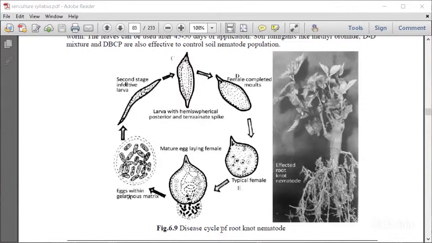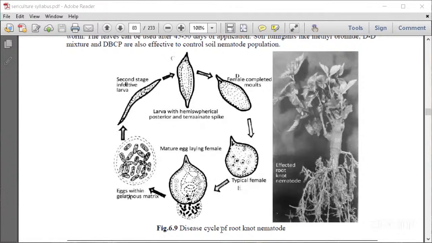Each female lays 200 to 322 ellipsoid eggs covered with gelatinous material. Eggs hatch and the larvae are liberated into the soil under favorable conditions. It takes 30 to 40 days to complete the life cycle. It can repeat the life cycle 2 to 3 times in its lifespan.